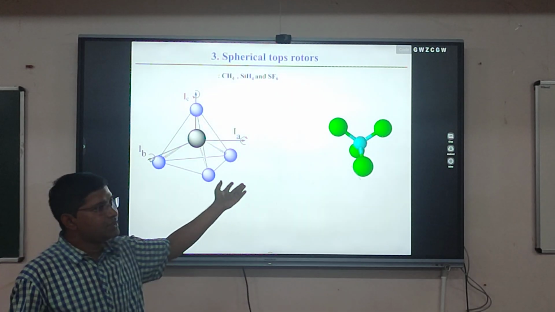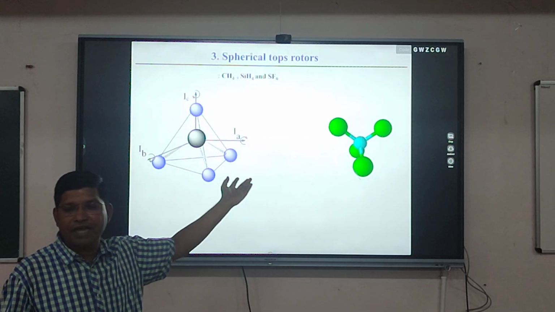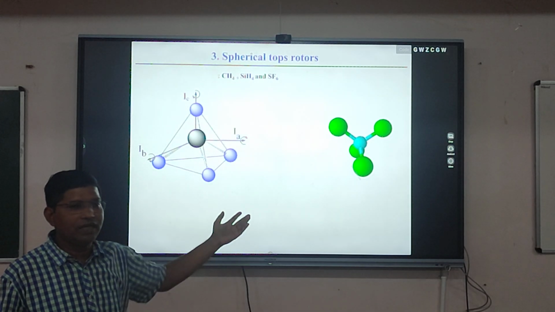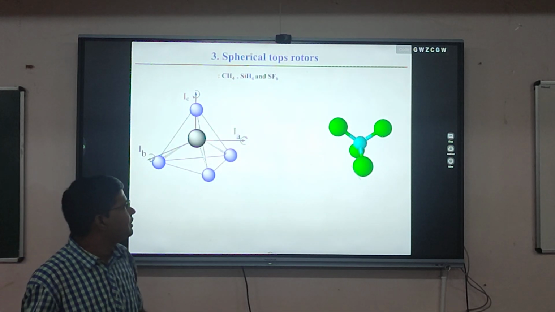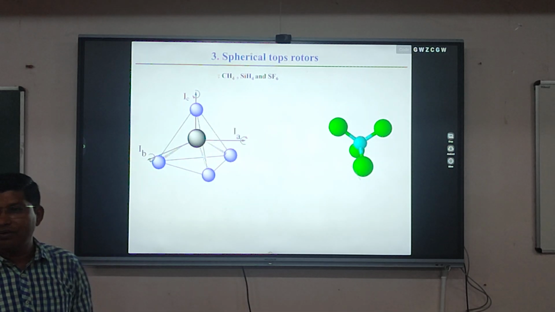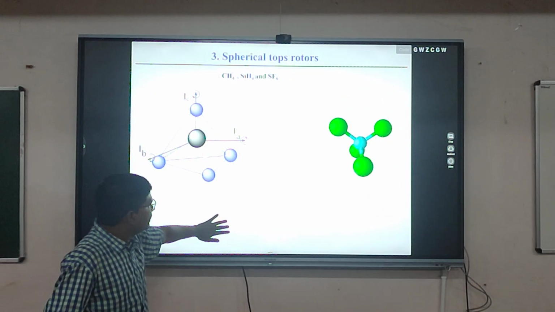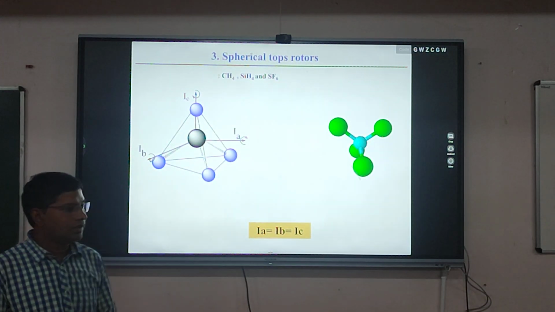So there will be cancelling of dipole moment, and if there is no dipole moment in the molecule, it will be microwave inactive. So in this condition, we have this one.